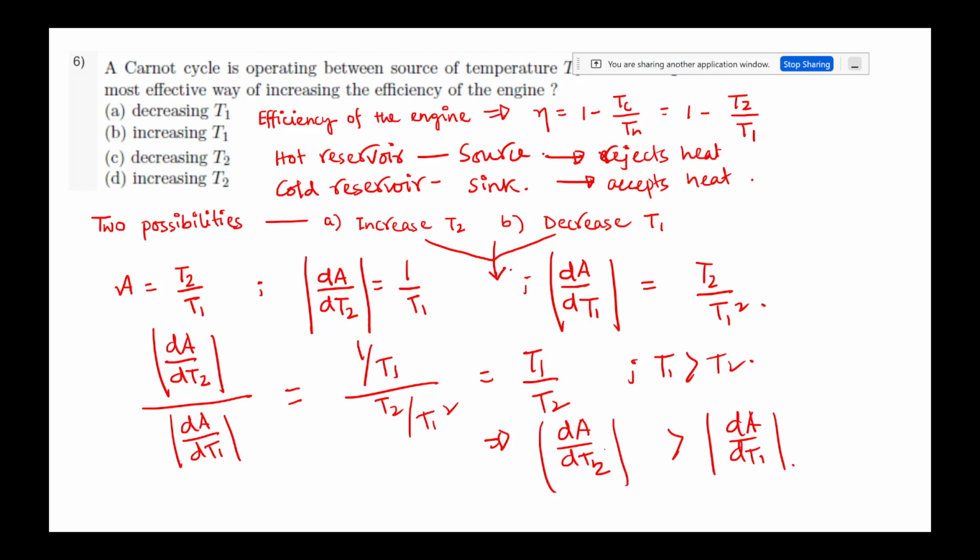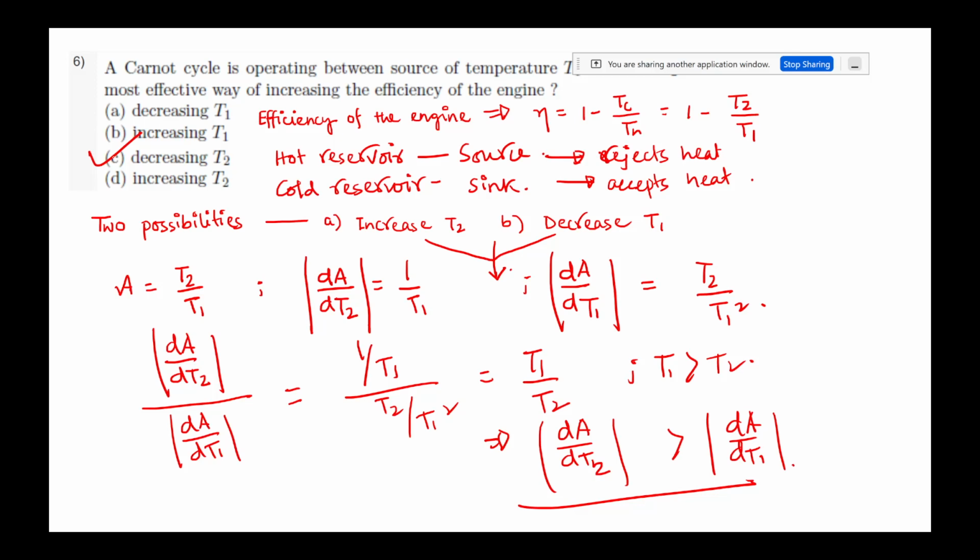That's why we take mod. If we haven't put this mod sign, there will be minus. Minus sign means if we increase T1, this quantity A decreases. Okay. So since we have the gradient, the change of this quantity A with respect to T2 is greater, so we will write that decreasing T2 will yield more efficiency.